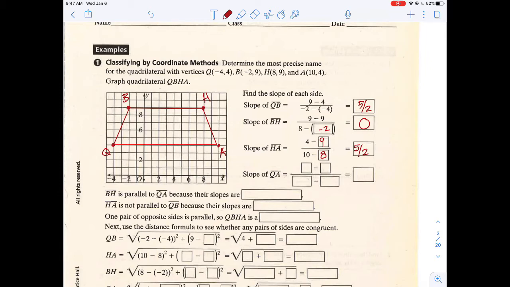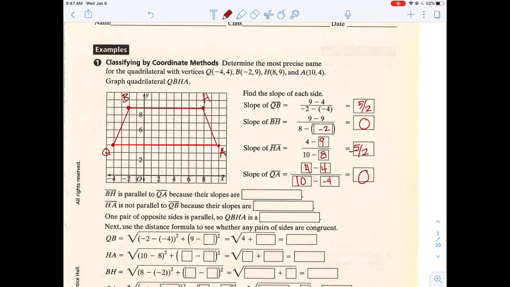And then the slope of QA is 4 minus 4 over 10 minus -4, so that would be 0 as well.